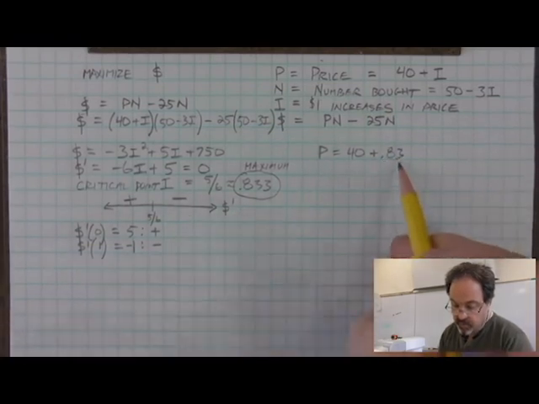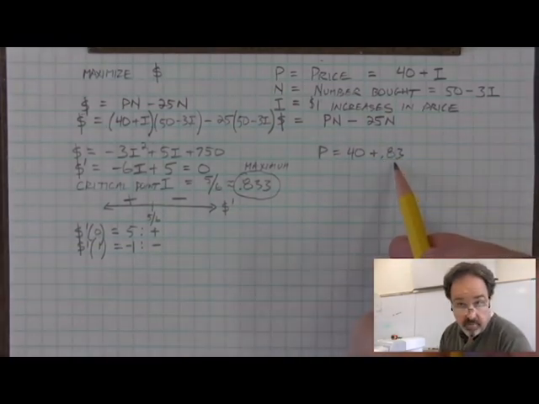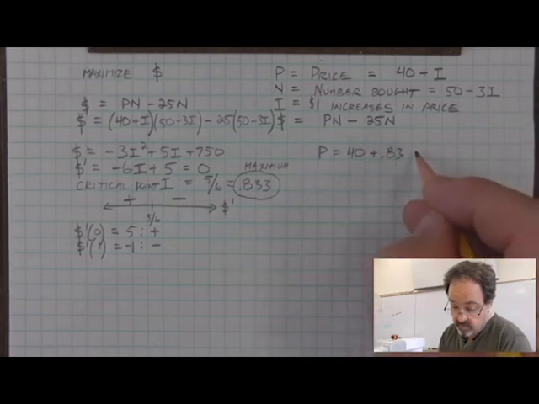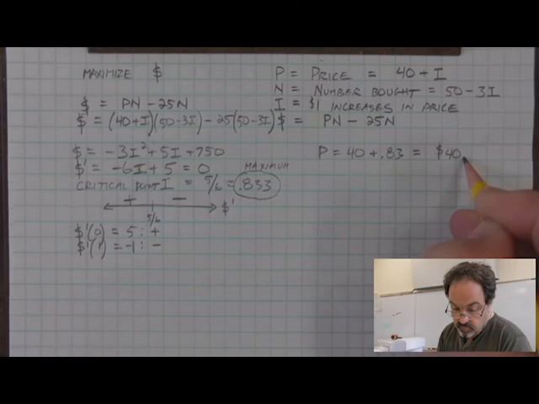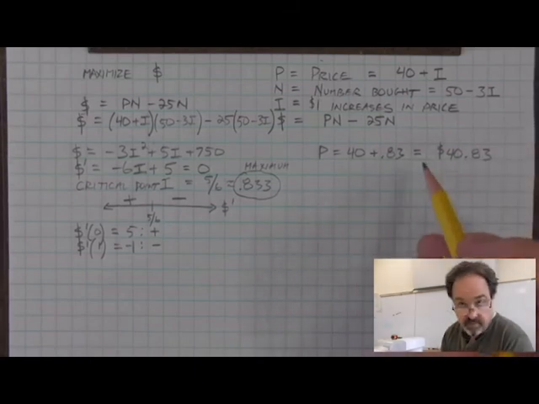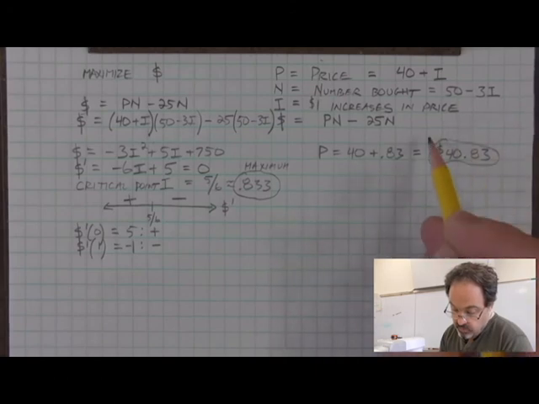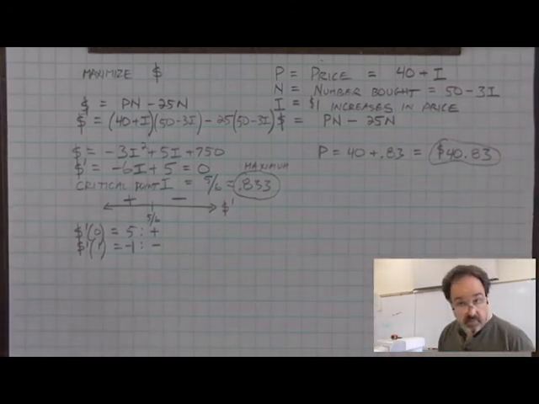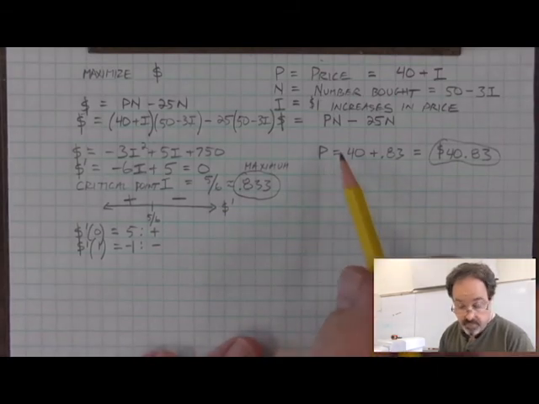And now I'm going to round to the nearest cent because the context of this number is a money amount. So the price of each board is $40.83. Very important information, but to answer a contextual problem, we want a complete sentence that uses the calculation.